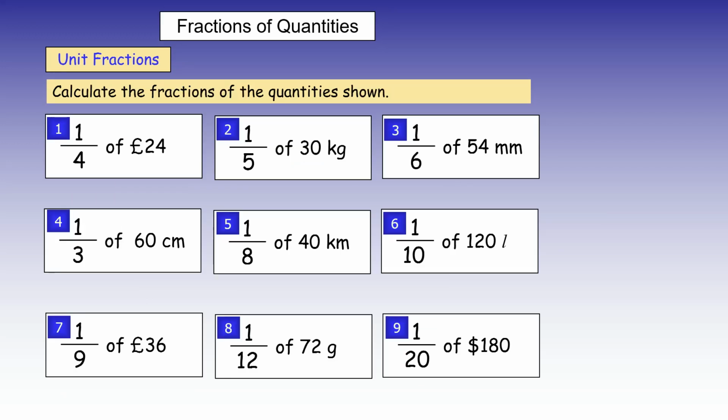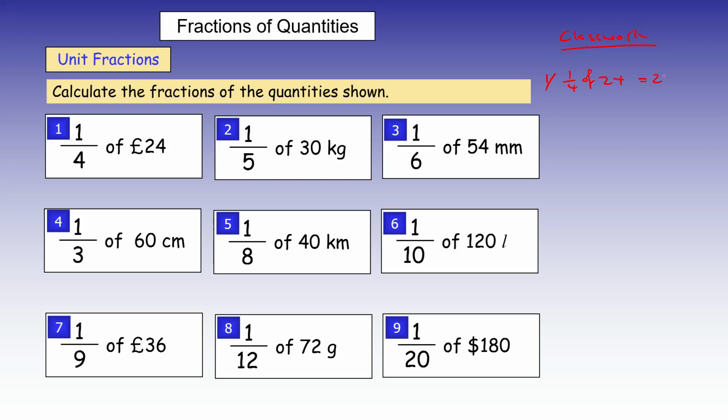Okay, so I've got 9 questions I want you to have a go at. So what I want you to do in your books is to write classwork down, like so. And then for question 1, this is what I want to see in your books, is a quarter of 24. And then you work it out.